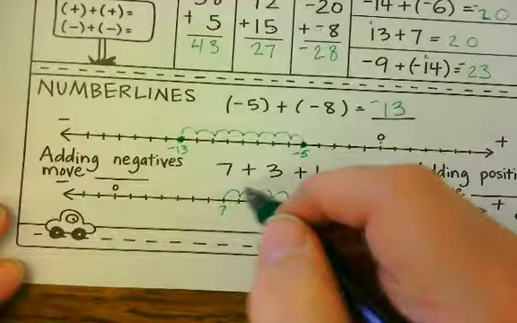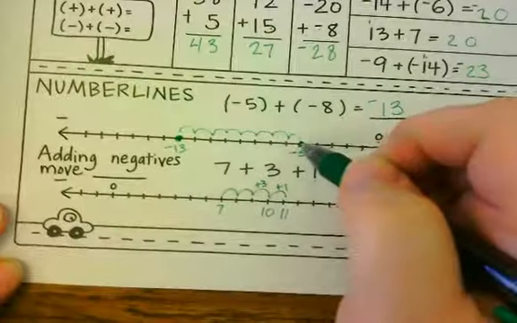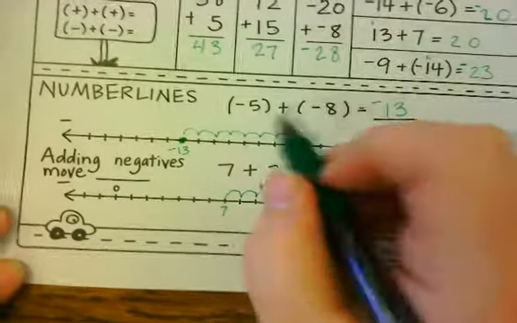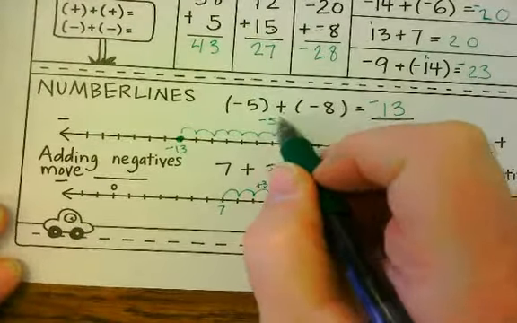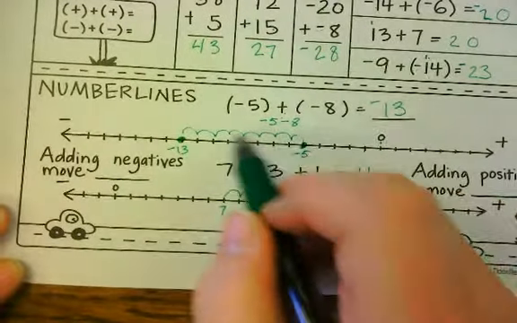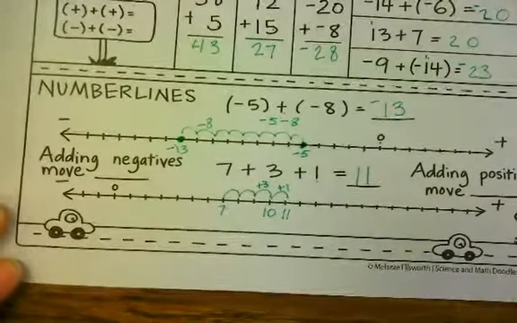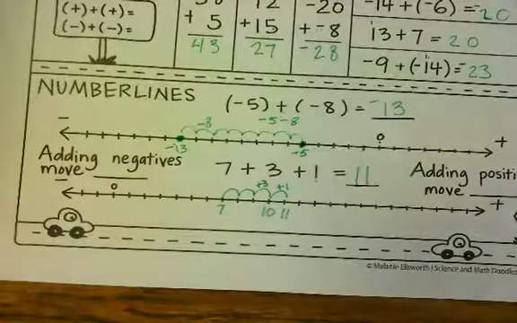So that was plus the 3 and plus the 1 here, whereas this one, remember we said this can also be written as negative 5 minus 8 more. Negative 5 minus that 8 more. Okay, that's why we just add the numbers together.